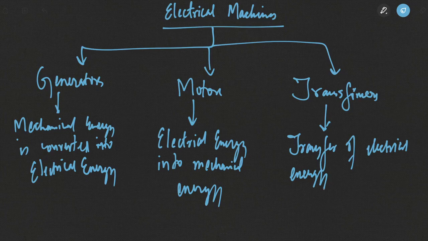And this transfer of electrical energy basically takes place at the same power level. That means the input power to the circuit A will be same as the output power of circuit B, but the voltage level and the current levels will be different. So actually, the power levels are same, but we can change the current and voltage level.